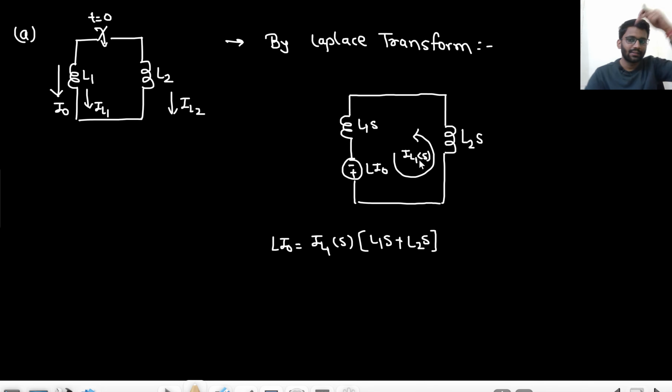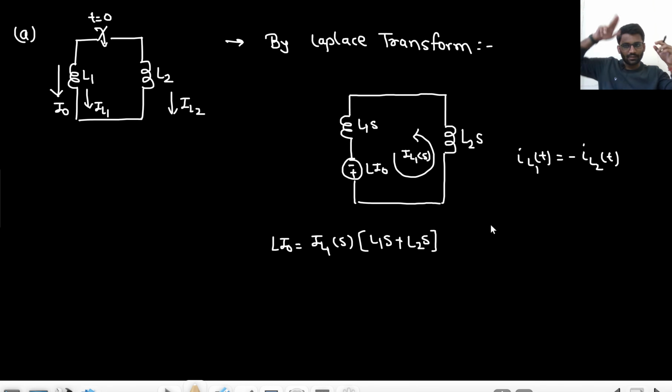Here one thing we know, that this is IL1s and this is IL2s. So IL1 we can write in small, IL1t is negative of IL2t, right? Or IL2t is negative of IL1t, because this is IL1 and this is IL2. So both are negative of each other.